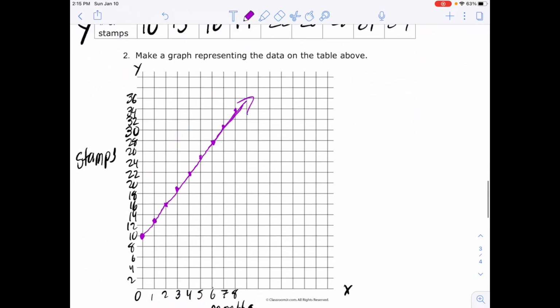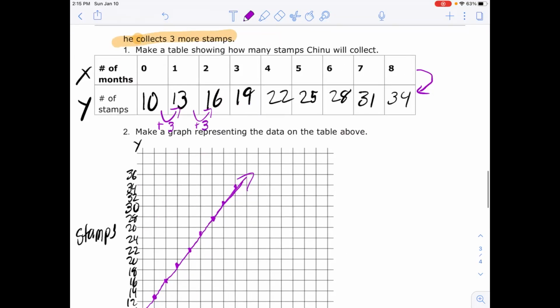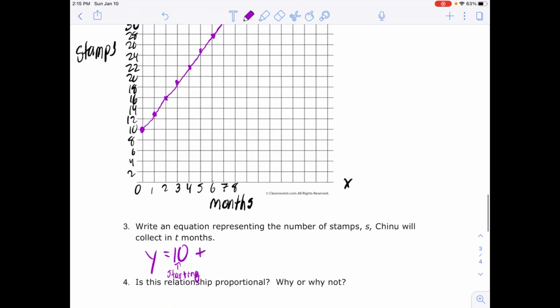Well, my rate, how much is it changing each time? Each time we increase by 3. So my rate is 3 times x.